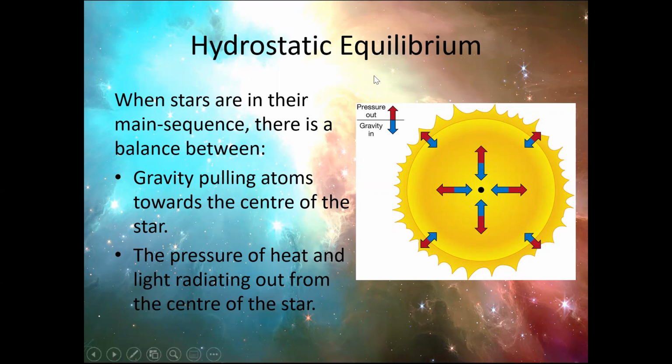So there is a balance and equilibrium between the pressure pushing outwards and the gravity pushing the star inwards.